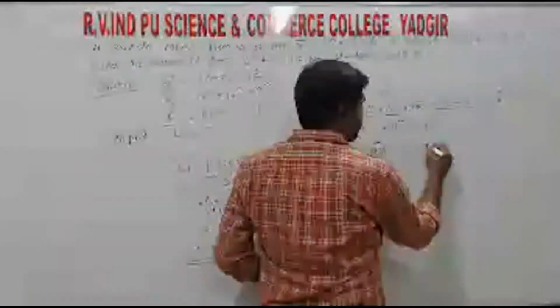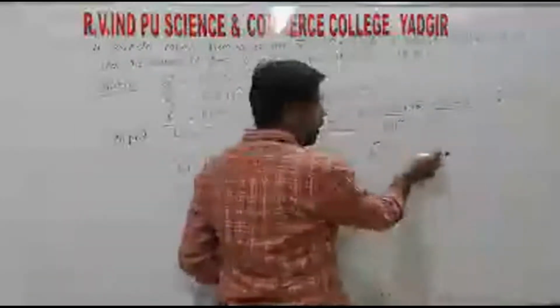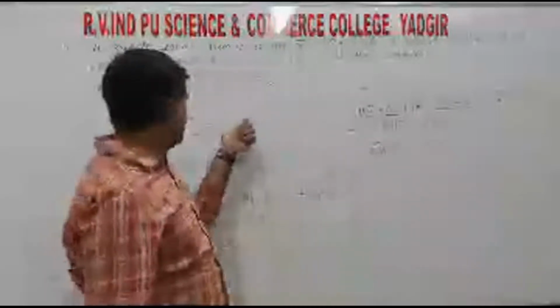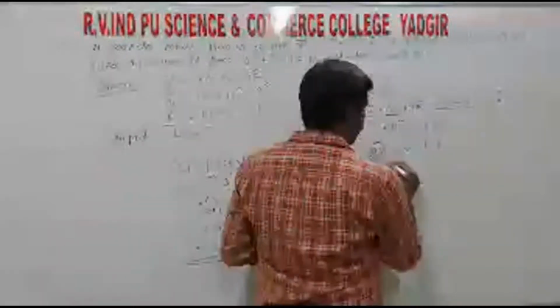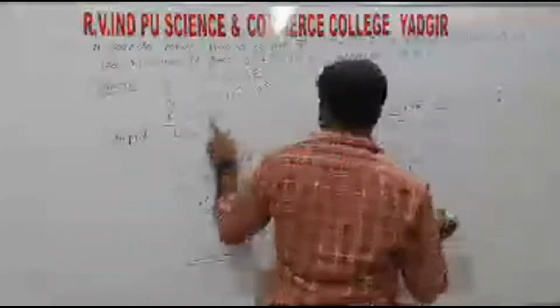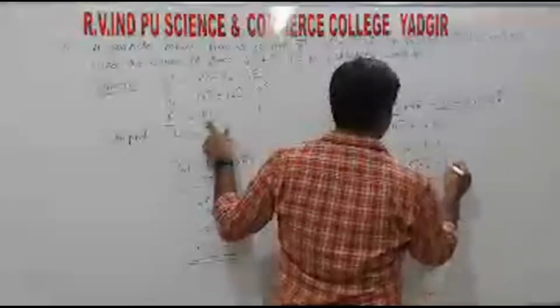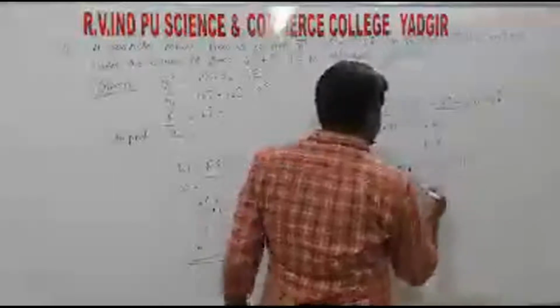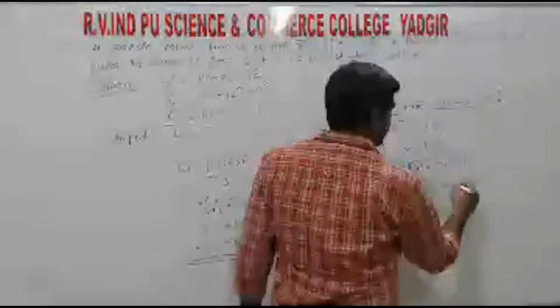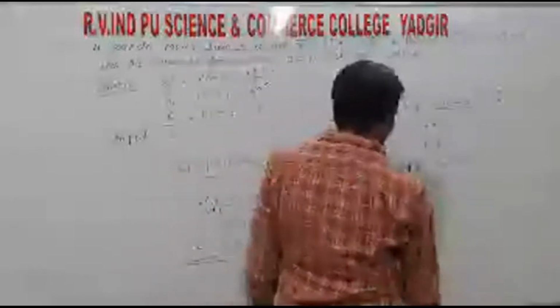Work done formula is W is equal to F S, the magnitude of F and the magnitude of S. This may seem a bit lengthy to you, but it is really just simplification. So magnitude of force F is equal to under square root of 4 square plus 1 square plus minus 3 whole square, right? So 16 plus 1 plus 9, that is root 26, right?